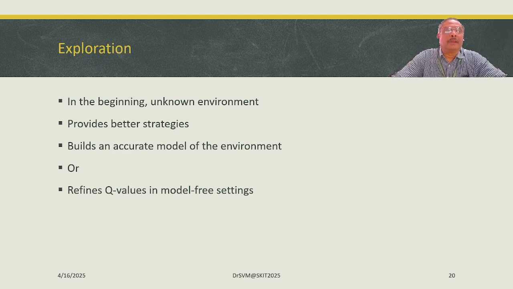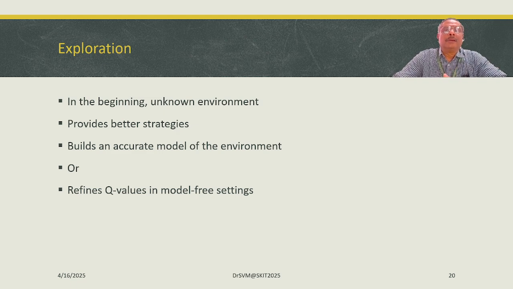We have two types of reinforcement learning. One is model based and the other one is model free. What these two are, we will see in our coming sessions. But as of now, if we are working on model based reinforcement learning, then exploration will build an accurate model of the environment.